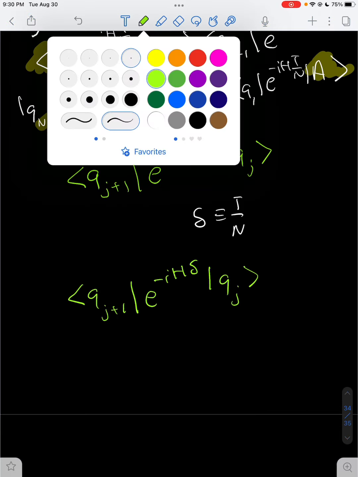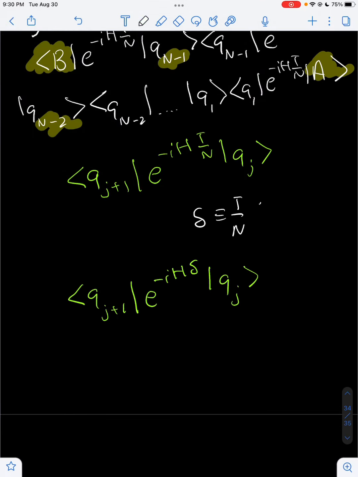And if you let n approach infinity, then this delta term is going to approach 0. It's going to get smaller and smaller. So for now, let's work with the case where n is super big, so delta is super small.